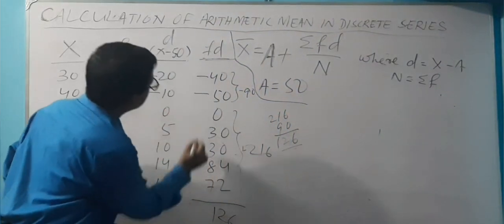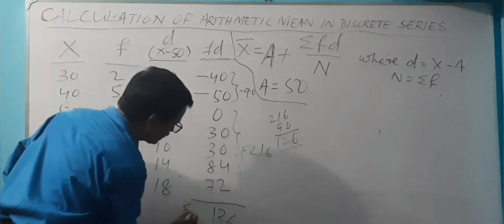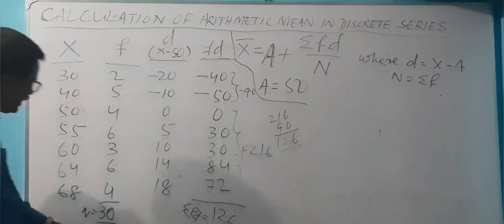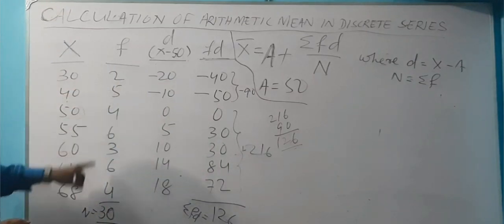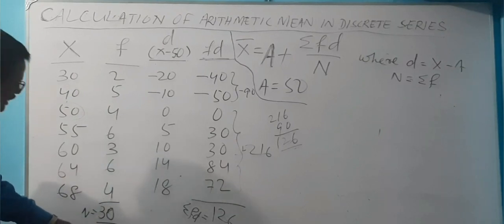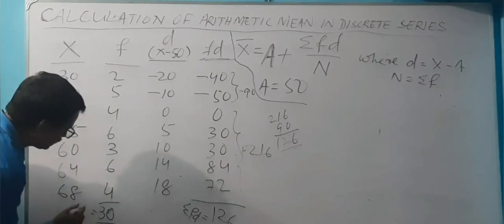Summation FD is equal to 126, and n is equal to the sum of all the values of f, which gives 30. So n is equal to 30.